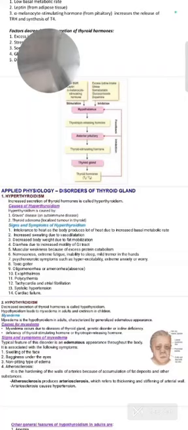So now we'll say about the signs and symptoms of hyperthyroidism. The first important is intolerance to heat, because the body produces more and more amount of heat due to increased metabolic rate. Normally this thyroxine hormone increases the basal metabolic rate.